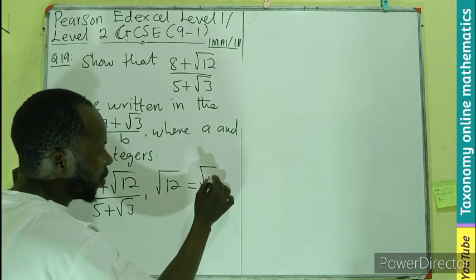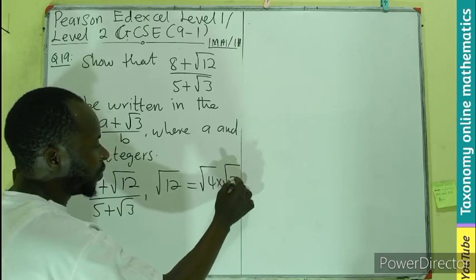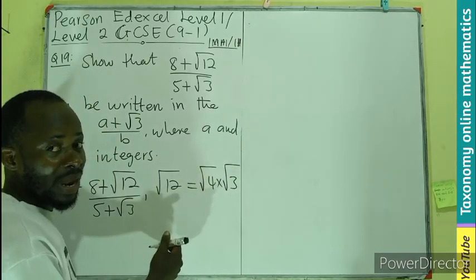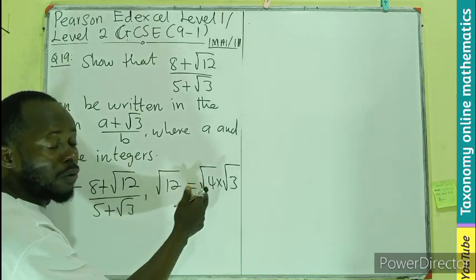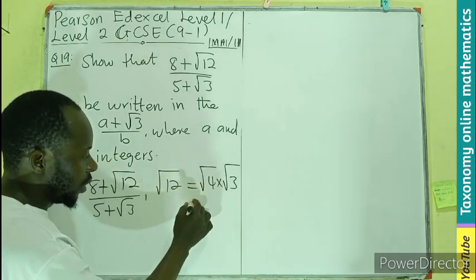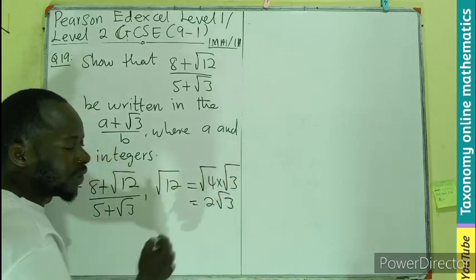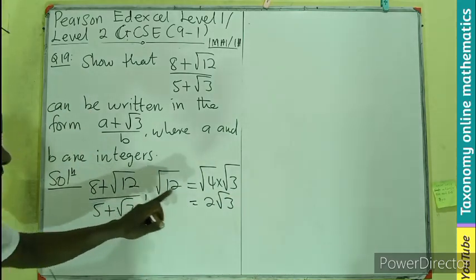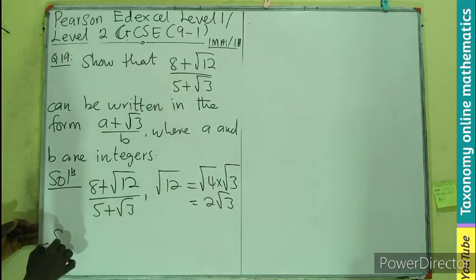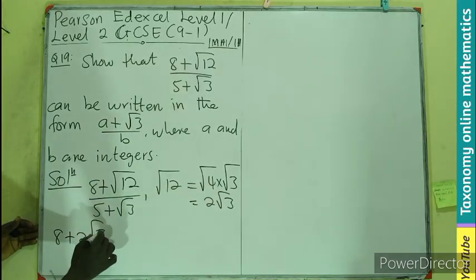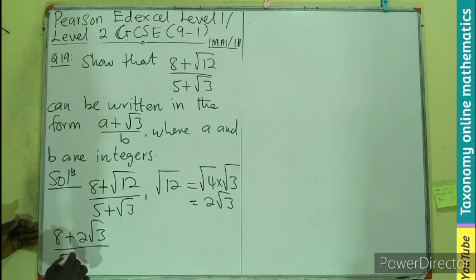So I'll have root 4 times the root of 3, which when multiplied gives us root 12 back. But the root of 4 is 2, so this becomes 2 root 3. Meaning in place of this, I will put 2 root 3. So that becomes 8 plus 2 root 3 divided by 5 plus the root of 3.